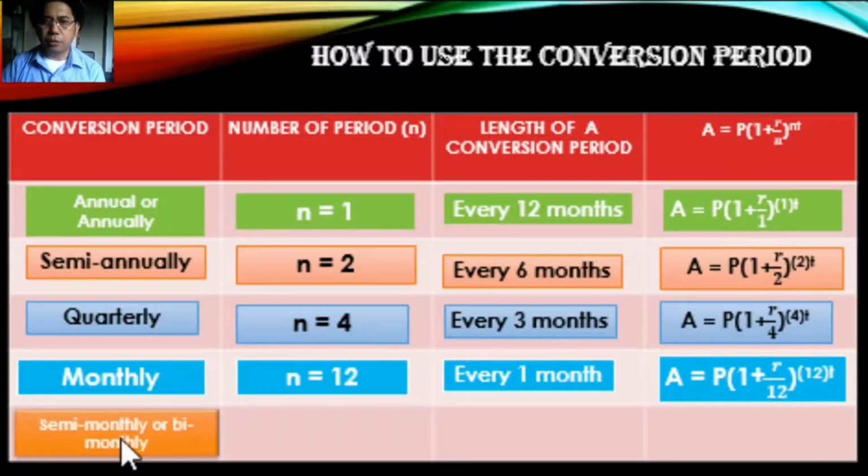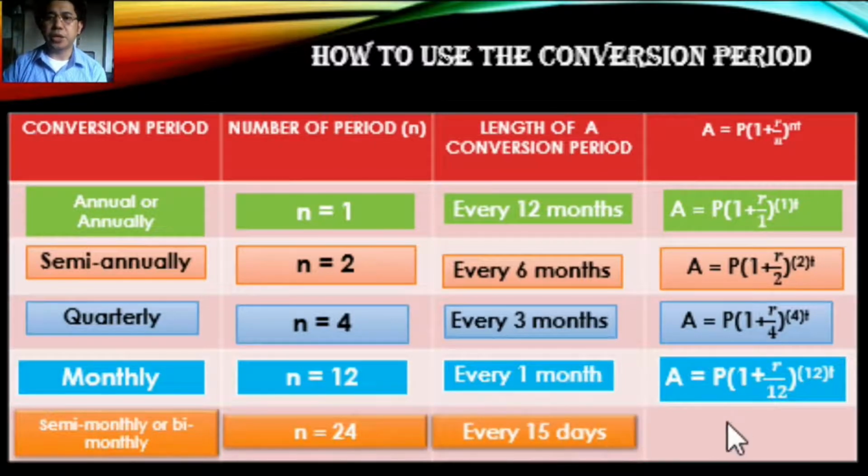And what about the semi-monthly or bi-monthly? The number of n when we say semi-monthly or bi-monthly is 24. And how long is one single conversion period? That is every 15 days. And how will we use this n? That is used as a divisor again.